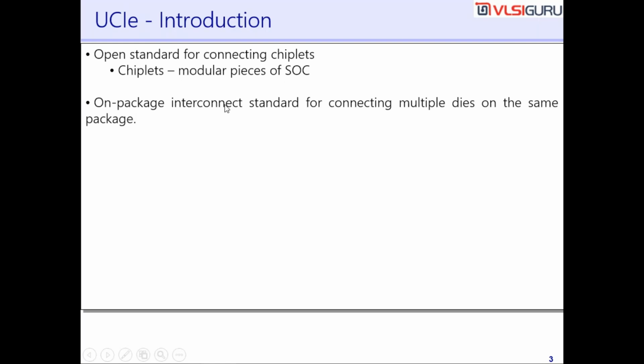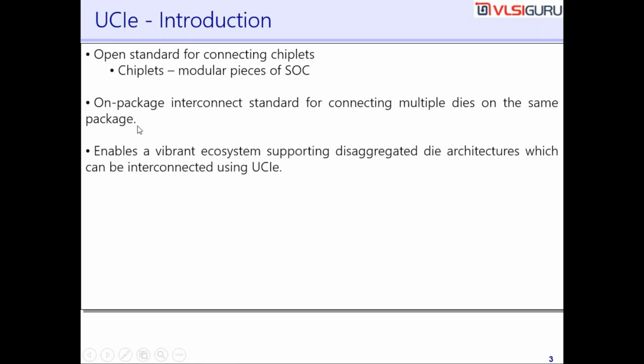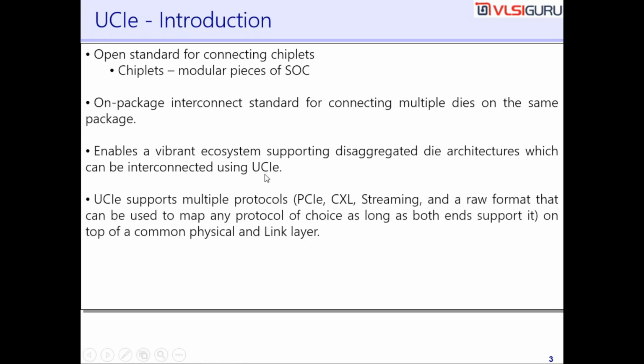UCI Express is an on-package interconnect standard. You are on the same package, doing the interconnection for connecting multiple dies. It enables a vibrant ecosystem, meaning anyone can develop anything and you can take dies from different vendors and just use them. It supports a disaggregated die architecture which can be interconnected using UCI Express.